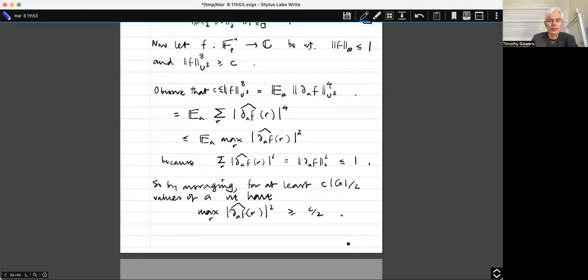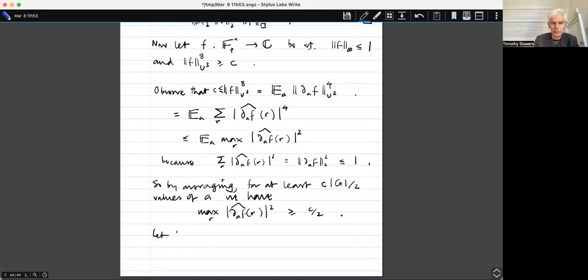If we didn't have that, it's quite easy to check that this thing here could not be at least as big as c. Right, so now let B equal the set of a such that this holds. I better write it again.